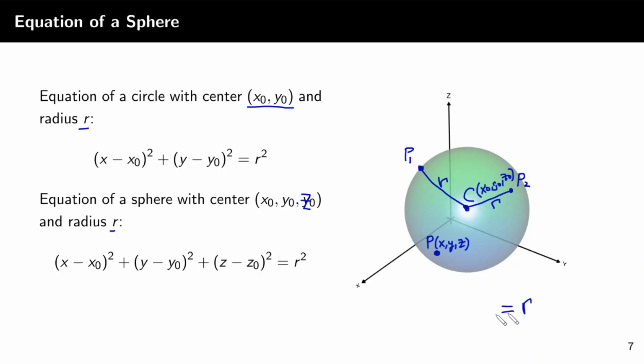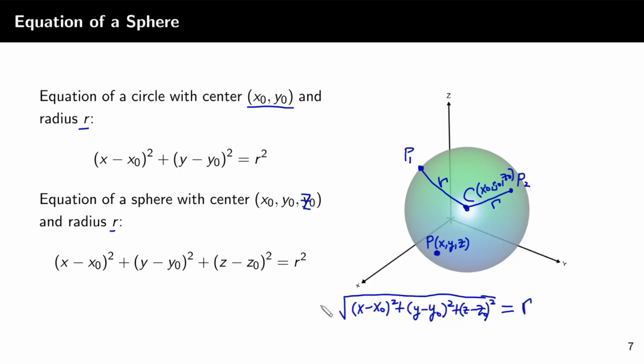So r is the distance. Using the distance formula, it's equal to the square root of the quantity x minus x naught squared plus the quantity y minus y naught squared plus the quantity z minus z naught squared.